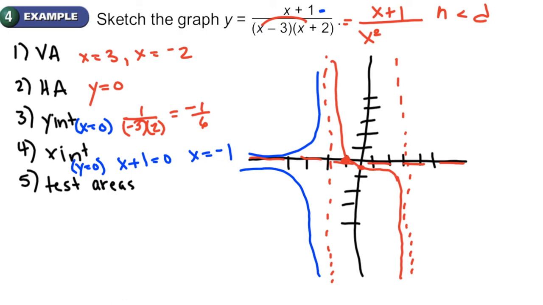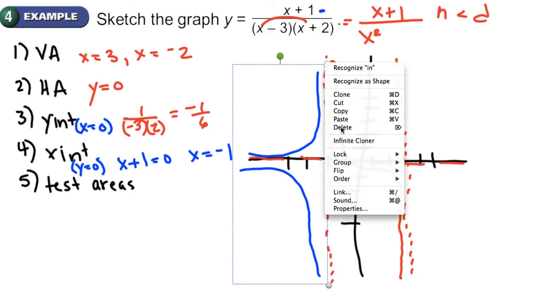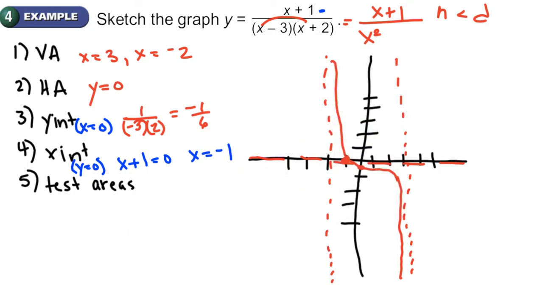The way we do that is we take a value that is on this side of the vertical asymptote: -1, -2, -3. Let's pick -3. We want to see if this is positive or negative.